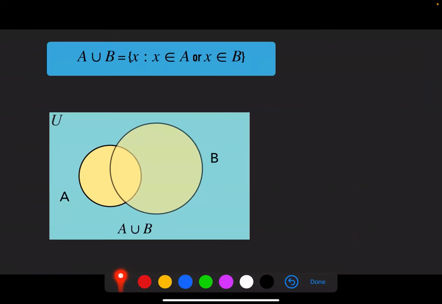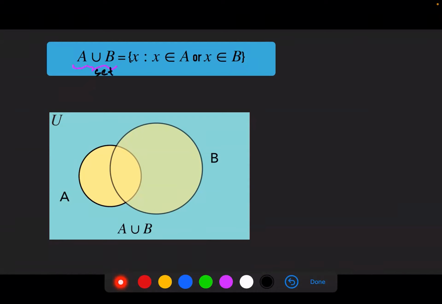Now, how do you write A union B? Because A union B is a set again. You need to understand that this is again a set. This entire thing is a set. Let me write it this way. This itself is a set.